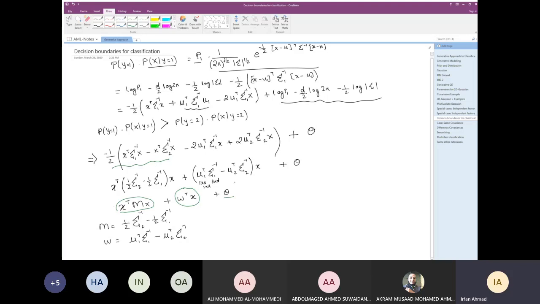Of course, linear is a special case, a degenerate case of the quadratic. So what do we understand from this discussion? Generally speaking, the boundary of Gaussian classification, the normal generative modeling, is going to be a curve. It's a quadratic boundary. Is this clear?